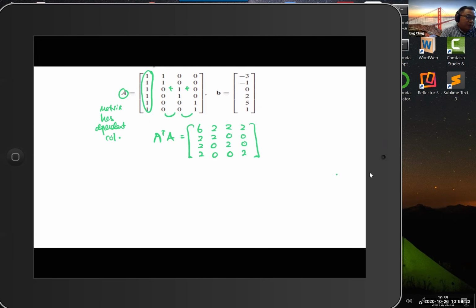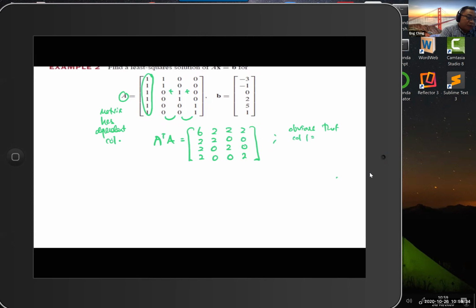So immediately it is also obvious that column 1 is actually equal to column 2 plus 3 plus 4. Can you see? So A^T A obviously has a dependent column.